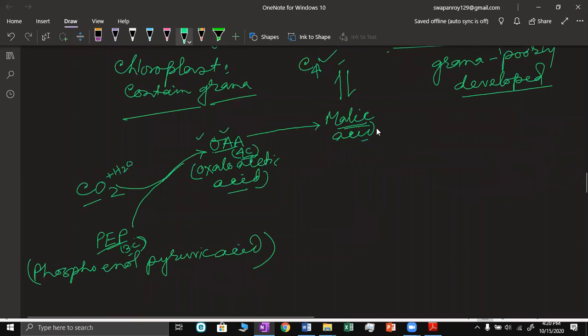then what happened? This moves from here to the bundle sheath cell.